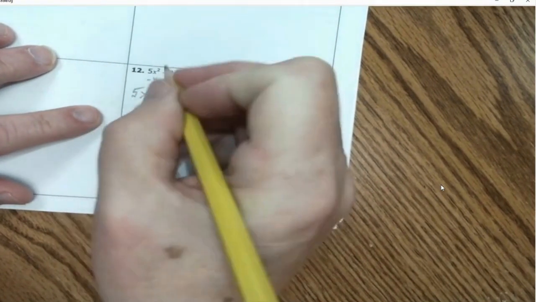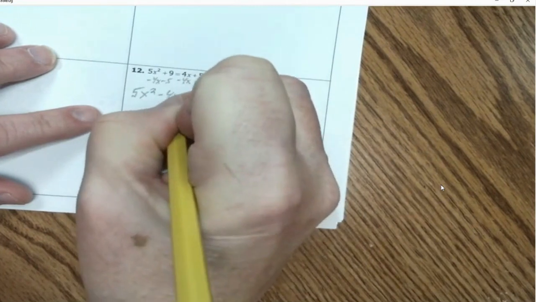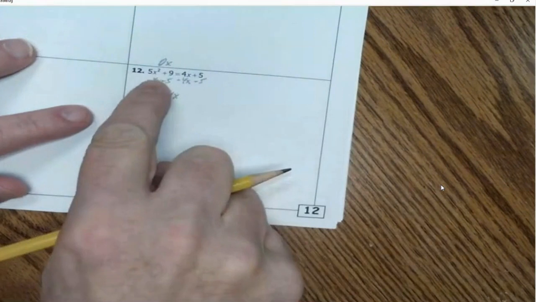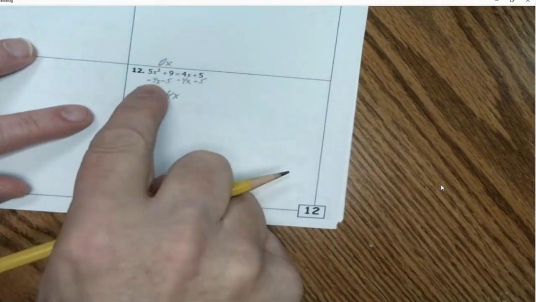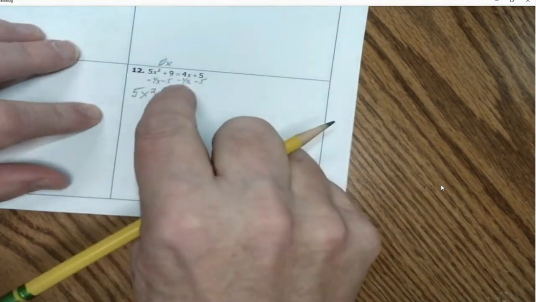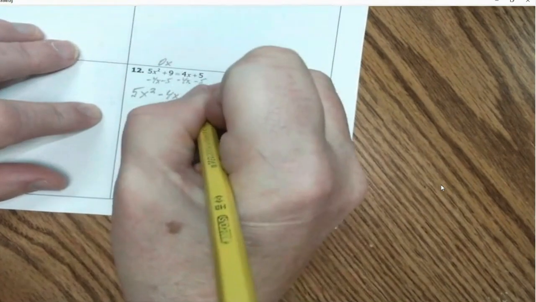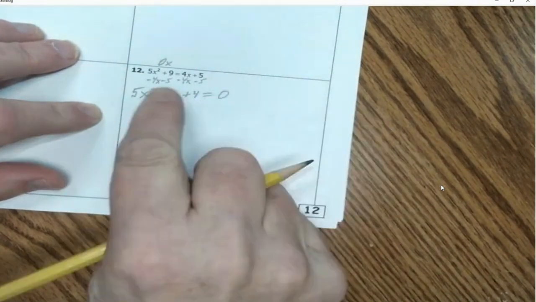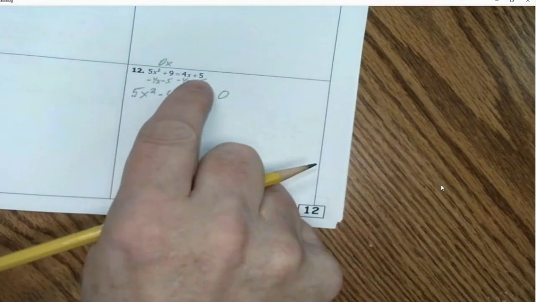Negative 4x. There's no other x, so it's just negative 4x, because up here it's 0x. Since it doesn't list it, it's 0x. So 0x minus 4x is minus 4x. And then we've got 9 minus 5, and equals 0, because 4x minus 4x, 5 minus 5, those are 0 now.